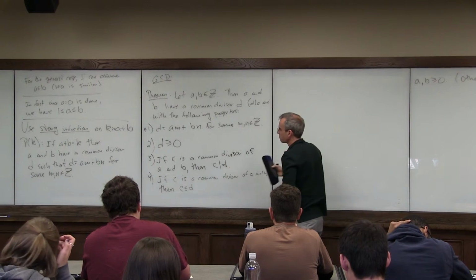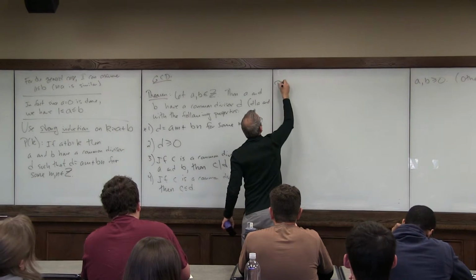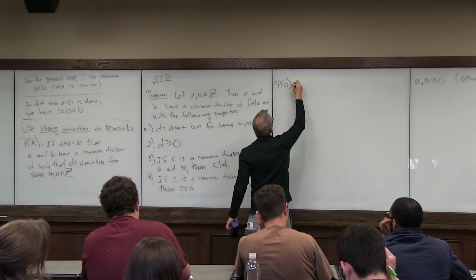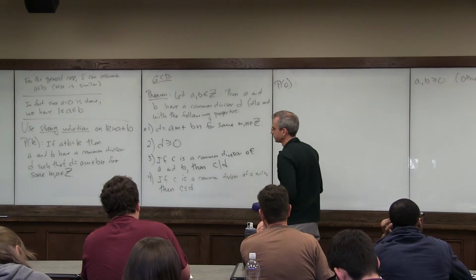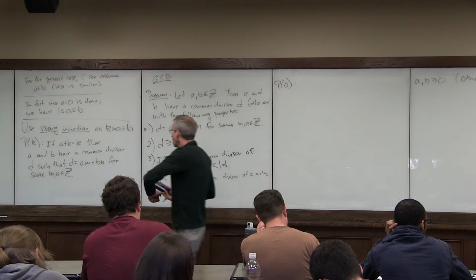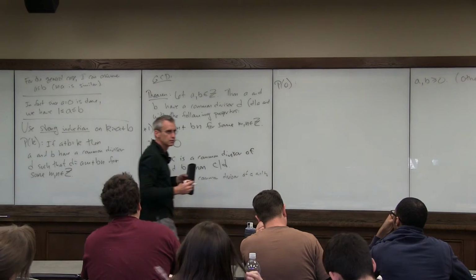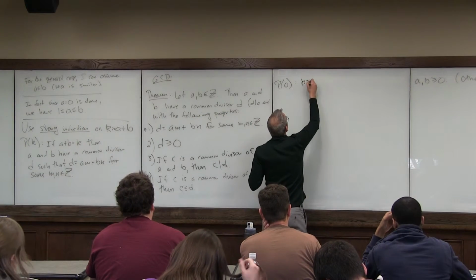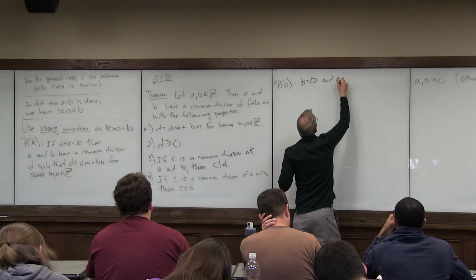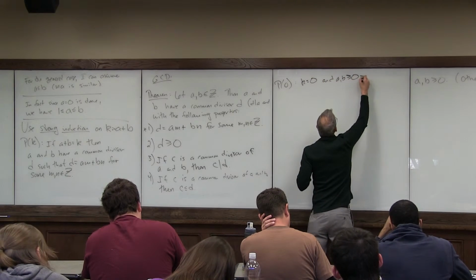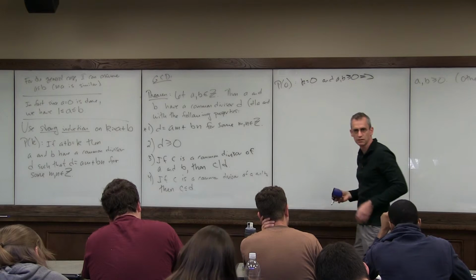Okay, well, let's start with our base case. For our base case, we're going to use 0. Well, that means K is 0, and A and B are bigger than or equal to 0. So what does that tell us?